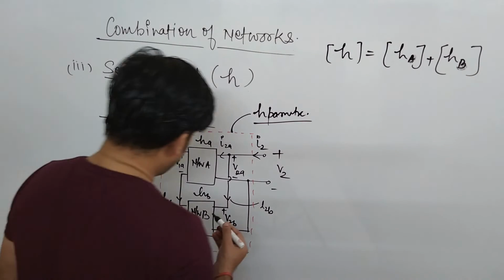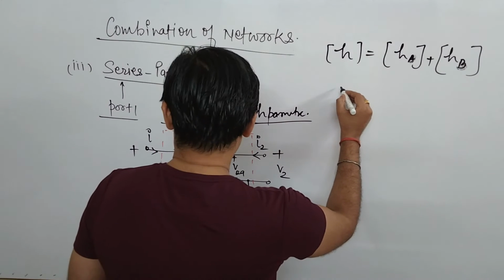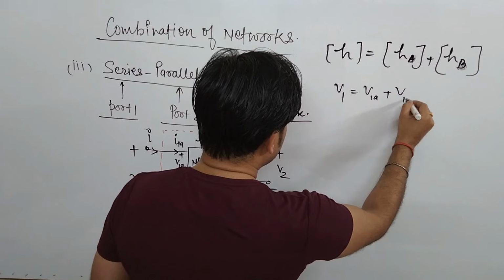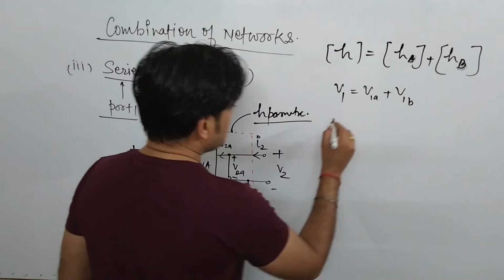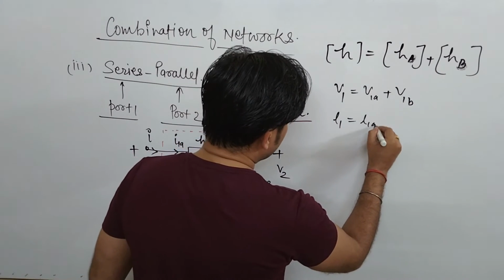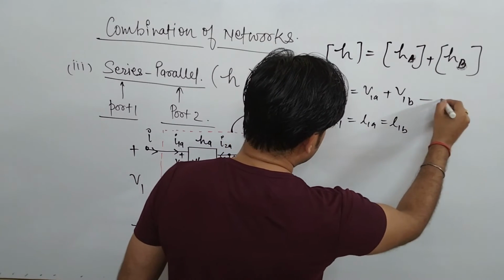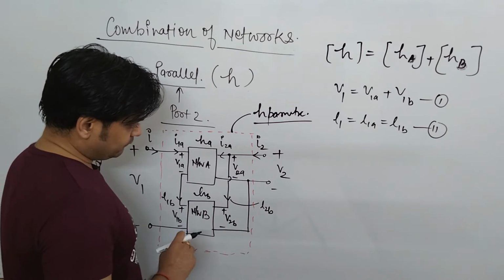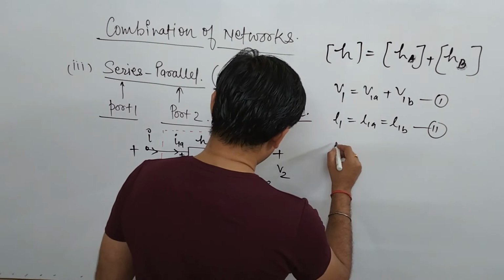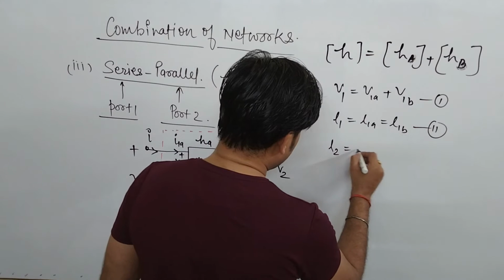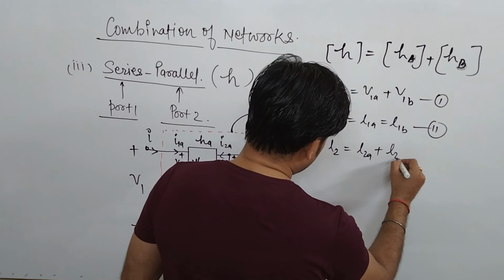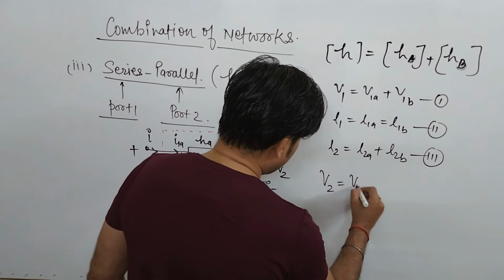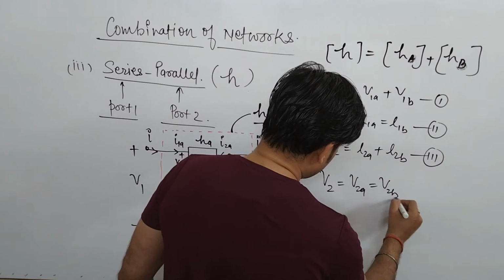Now first of all we will see the conditions. Here V1 is equal to V1A plus V1B. Why? Because it is in series, and I1 is equal to I1A is equal to I1B. This is first, this is second. When you talk about port 2, here I2 is equal to I2A plus I2B because it is in parallel, and V2 is equal to V2A, that is equal to V2B.